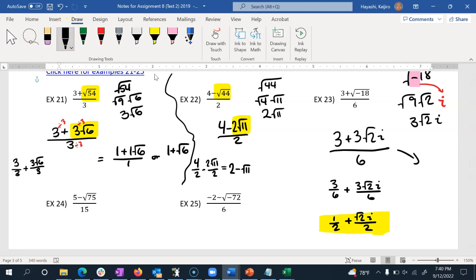You could also say, hey, all these things are divisible by 3, which I think is better and easier. So I don't know why I didn't do it more often in the past 10 minutes.